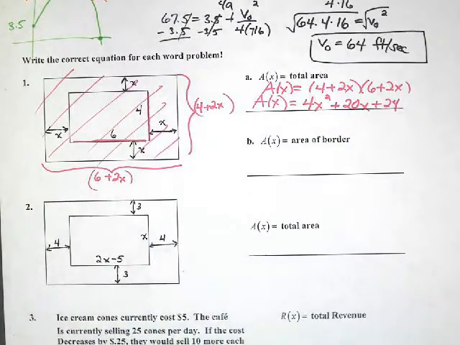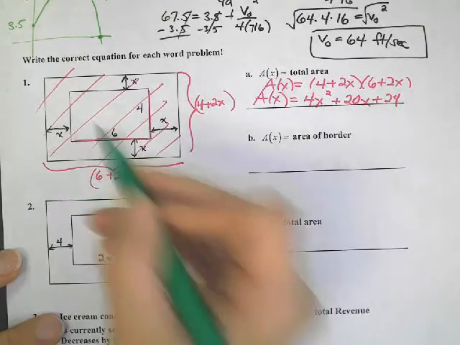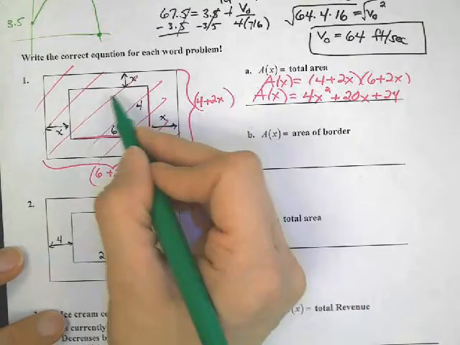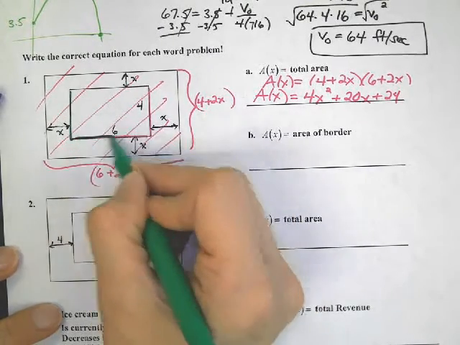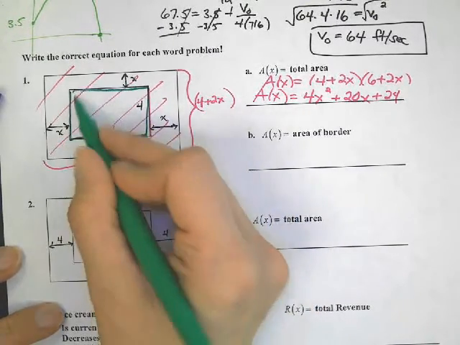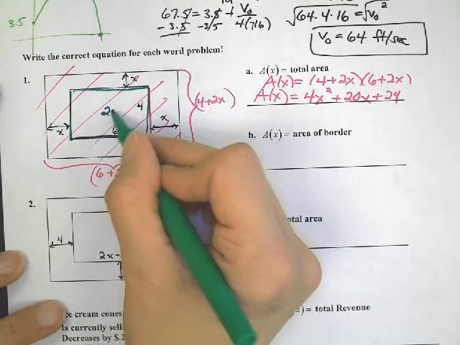Oh, but look at this. Question B only wants the area of the border. How do you find a border? You have to cut out this middle piece. We have to take out this. How much area is this center section here? 6 times 4, 24.